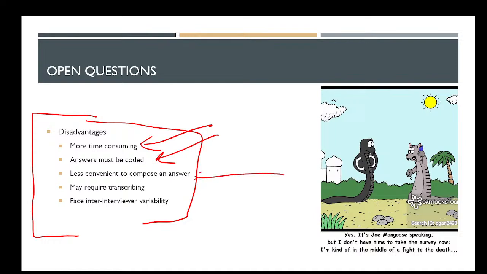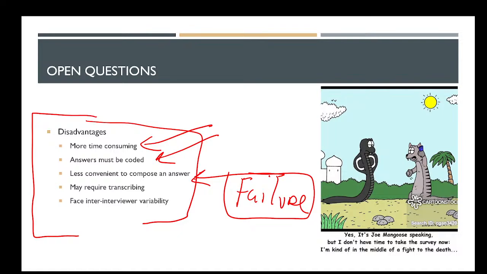It's less convenient to compose an answer, and this will lead to a higher failure rate. Honestly, if I see a survey, and I do surveys all the time just to keep them front of mind, if I see one that has a lot of open questions, I tend to quit, right? Because I'm lazy, or I'm answering it on my phone, and typing on my phone is a pain in the butt. If I'm at my computer, I'm more likely to do it.